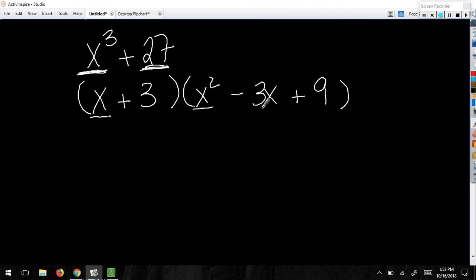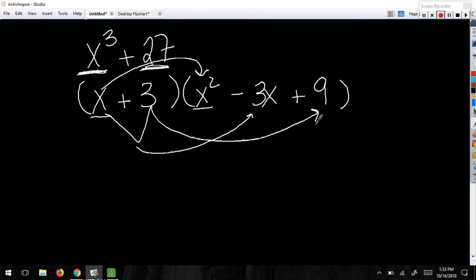You see what I mean by it's just a pattern? 3x, you multiply these two together and put them in the middle. So the first one squared goes in the first spot. The last one squared goes in the last spot. And then the two together goes in the middle.